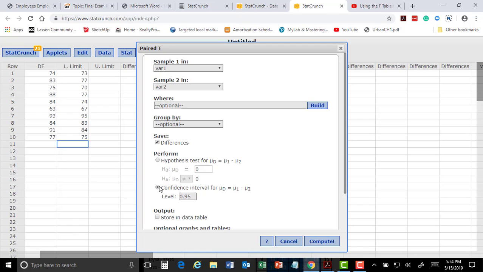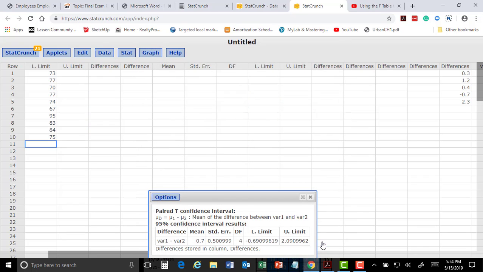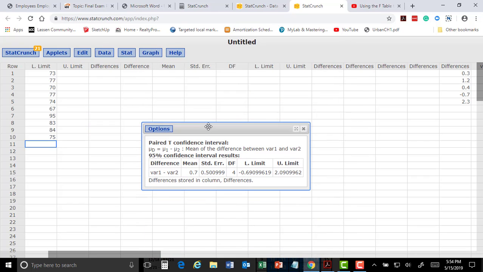They asked for a confidence interval of 95. Is it okay? Let's compute. Okay, so 0.69. Shoot, I don't see it. 0.06, I mean, yeah.